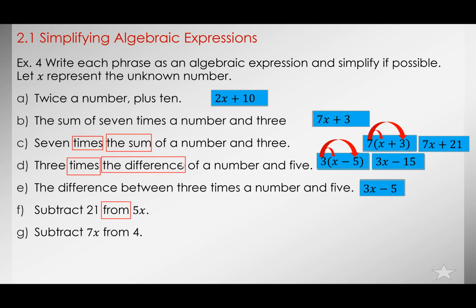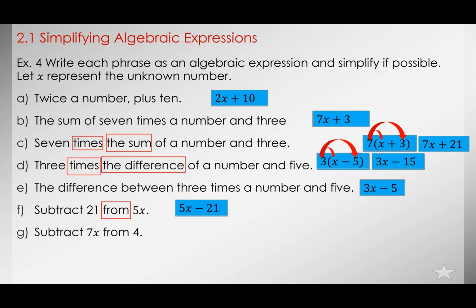Okay, so if you look at this thing here, anything following the word from has to go in front of the operation, meaning look at this thing here, we know that it's a subtraction. The operation tells you to subtract 21 from 5x, which is, we know the operation is subtraction, but anything after the word from has to go in front of the operation, and anything else, meaning in terms of this thing here, they have that reversed item. So we take 21 away from 5x, meaning the 5x is the dominant one.